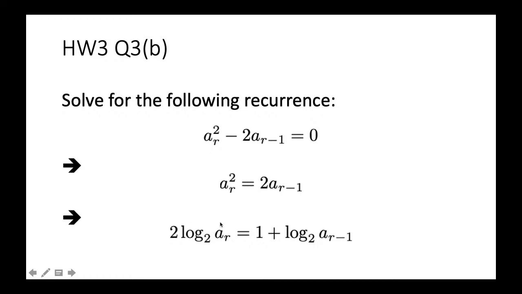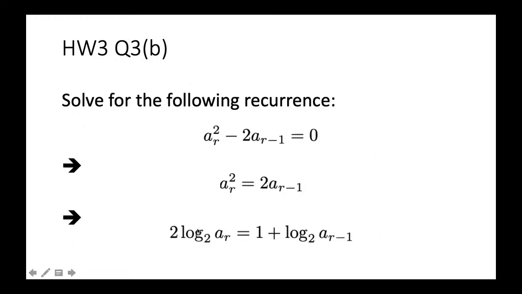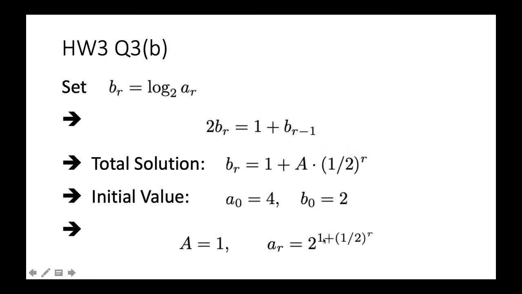Great. So what should we do? Let's call this BR, and this BR minus 1. So we set BR to be equal to log of AR, the base is 2. In that sense, the previous equation becomes 2 times BR is equal to 1 plus BR minus 1. So again, we get a linear recurrence.